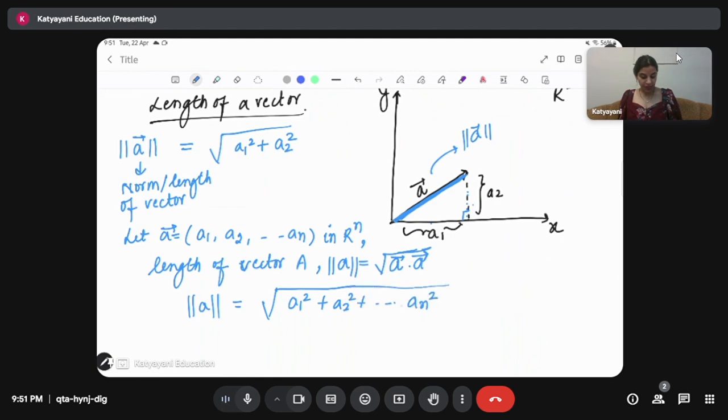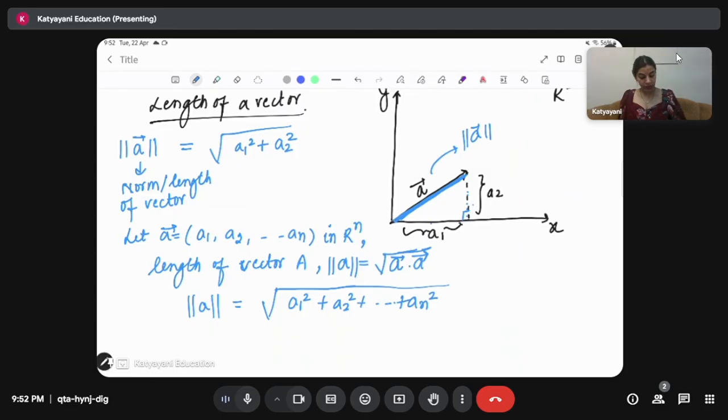So can you see that when you're in the Rn space, the formula goes up to n places, right? So यहाँ पे सिर्फ दो space था, तो A1 square plus A2 square under root. Here when you're talking about the n space, the formula for A norm becomes under root A1 square plus A2 square and so on plus An square. That is one way of remembering it. एक तरीका ये है याद करने का, right?